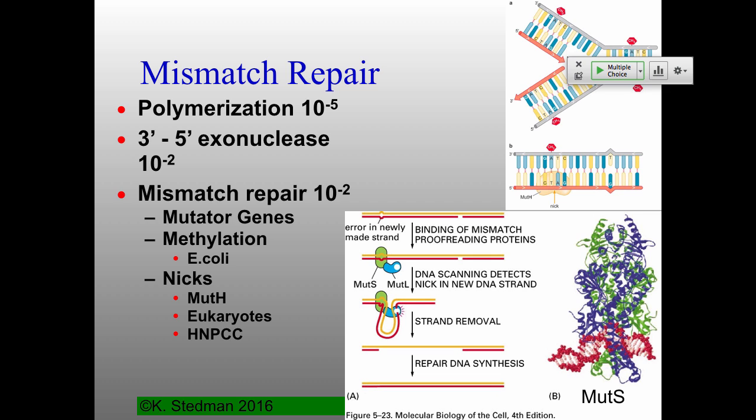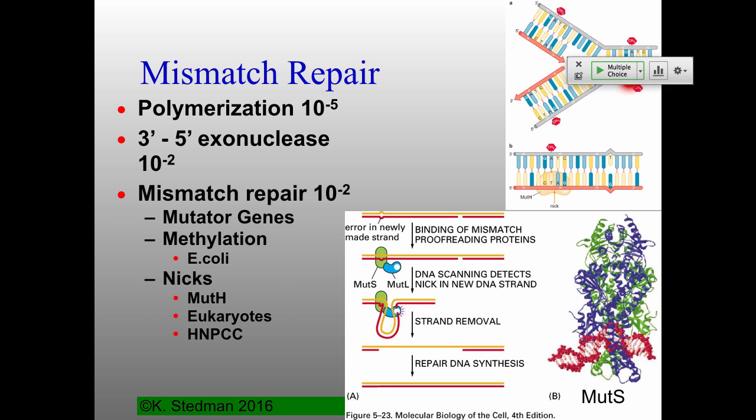There's a mismatch in your double-stranded piece of DNA. How do you know which is the wrong one? They're normal nucleotides. So it turns out there are two generally different ways of dealing with this. E. coli is smart. Probably has had more years of evolution to deal with this. What E. coli does is, after its DNA has already been replicated, it puts methyl groups on.